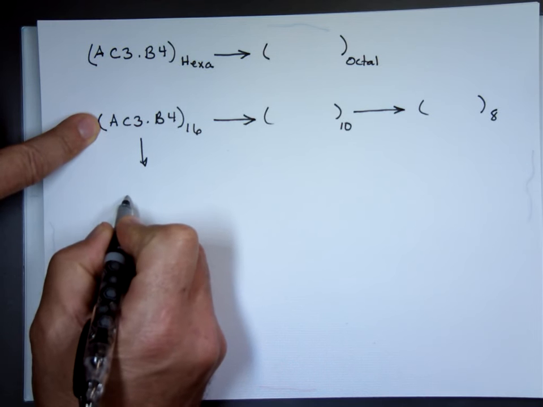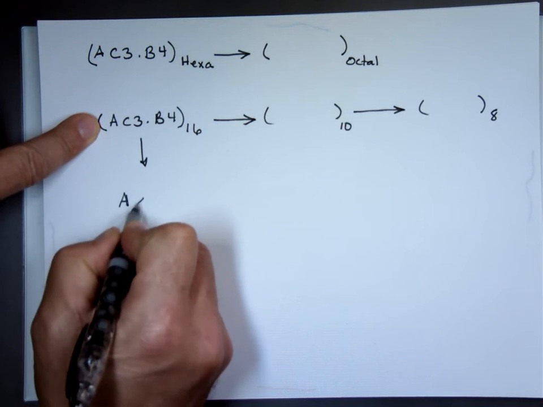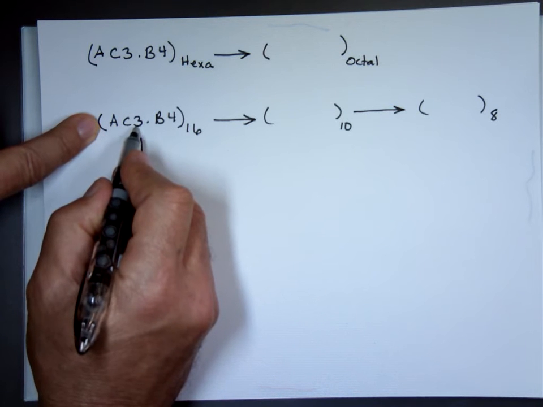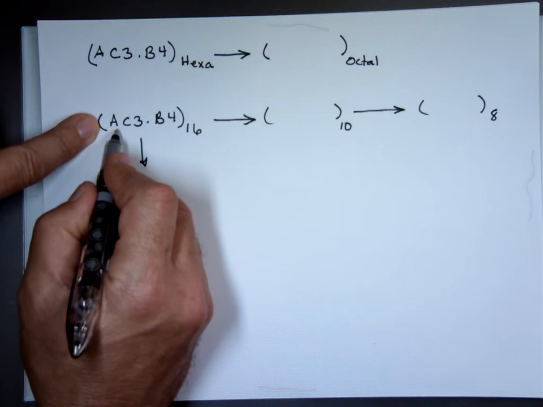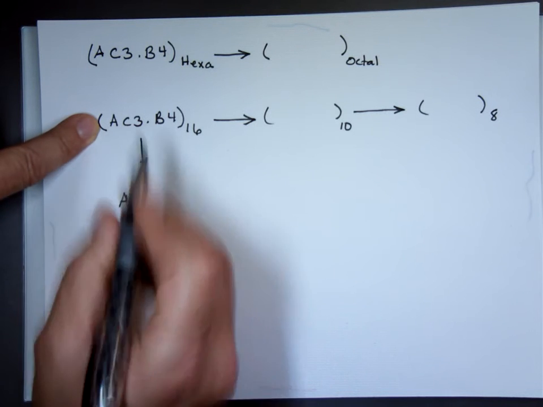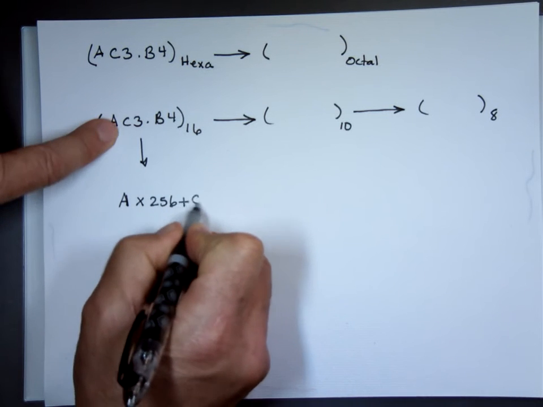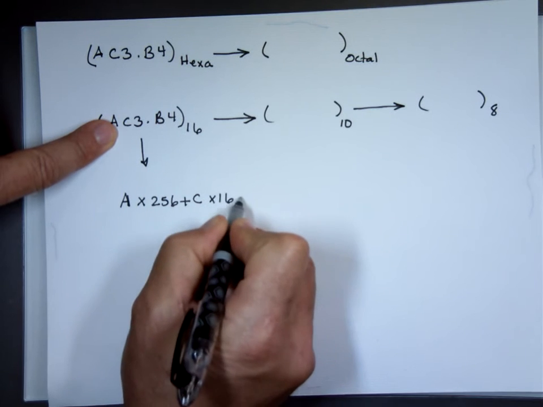A is what? 10? I'll change it to a 10, times the weight of that location. 16 to the 0, which is 1, 16 to the 1, which is 16, and the weight of this is what? 16 squared, which is 256. Plus C times the weight of this, which is 16 to the 1, that's 16.